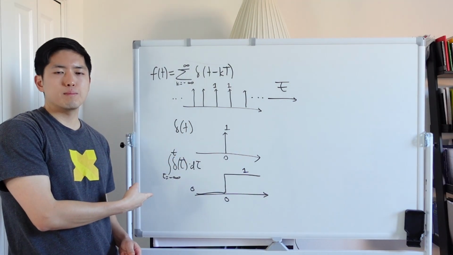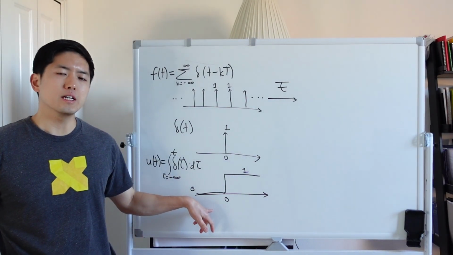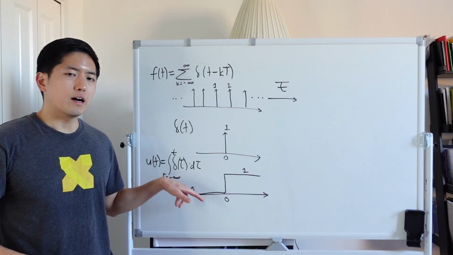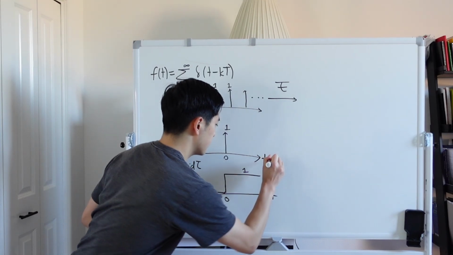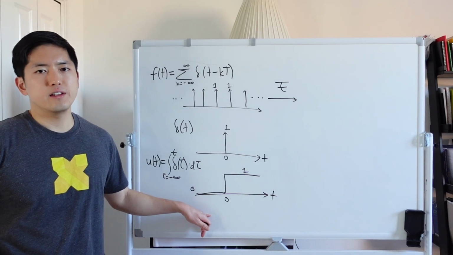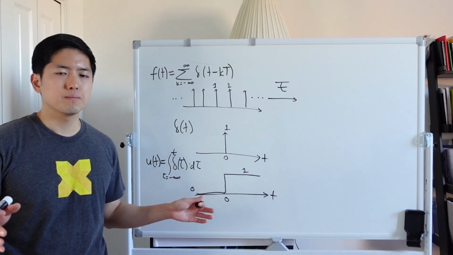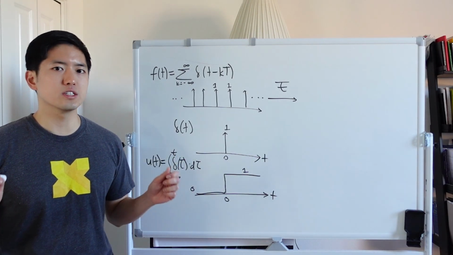This unit step function can be denoted as u of t. Let's assume the x-axis is t. So the way to define a unit step function, u of t, is it is 0 for all t less than 0, and it is 1 for all t greater than or equal to 0.